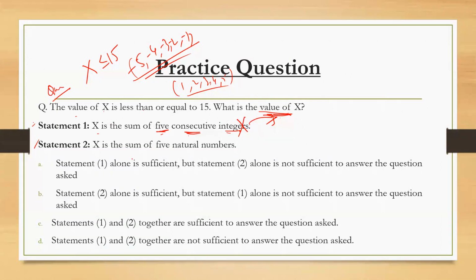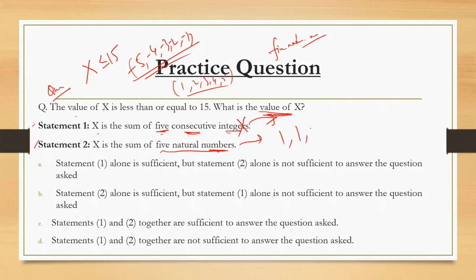Now what about the second one? The second one says x is the sum of five natural numbers. Yes, exactly. Now in statement 2 again, x is the sum of five natural numbers. Is that what it is mentioning, Dinesh? It is talking about five natural numbers.